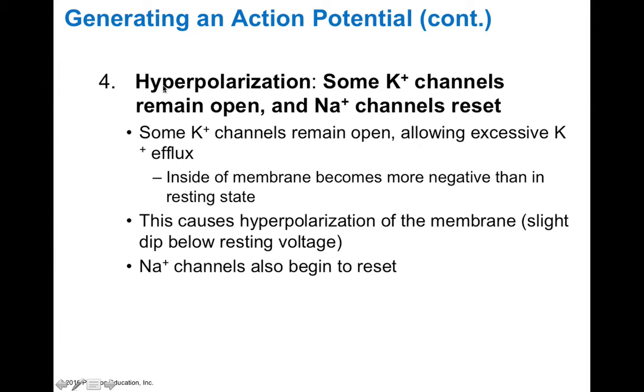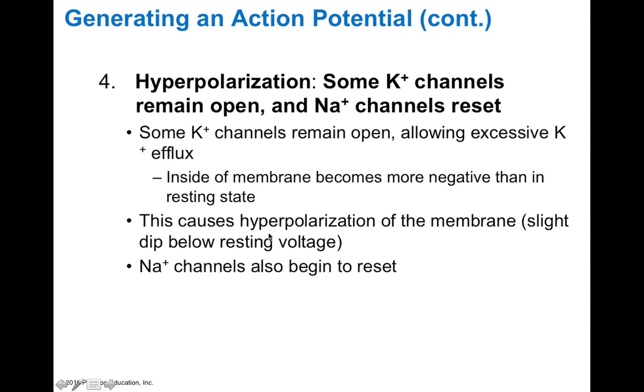However, what happens is that because so many voltage-gated potassium channels open here, some potassium channels remain open, allowing excessive potassium efflux. And because of excessive potassium loss, we get basically a membrane voltage that becomes even more negative than its resting state. And what we call this is hyperpolarization.